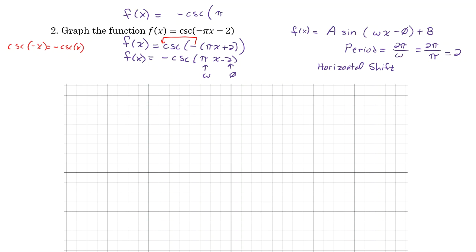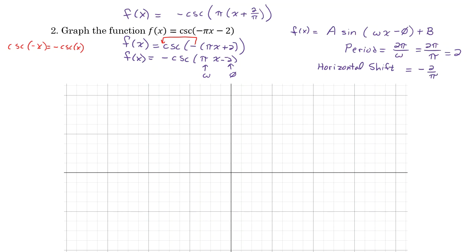So you'd have pi times the quantity x plus, and we're going to remember that it's minus and negative. It's too much writing. And then this would be 2 over pi, right? Because when you factor something out, you divide. So our horizontal shift is going to be negative 2 over pi.